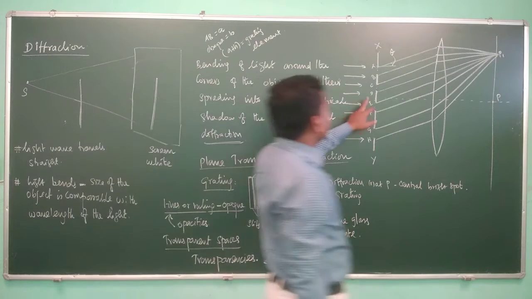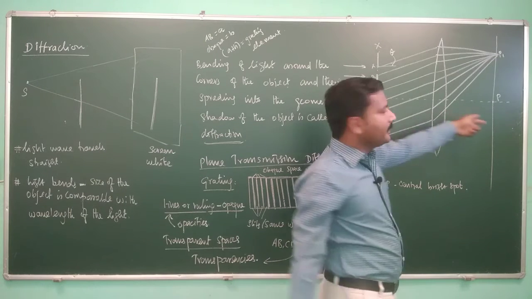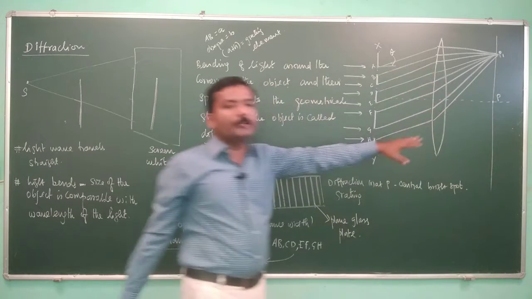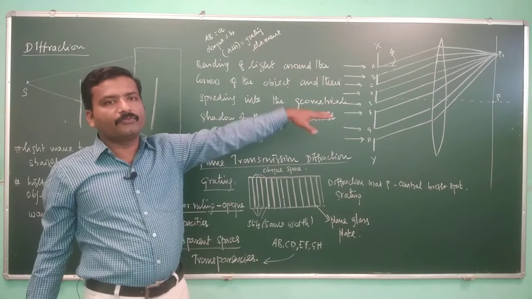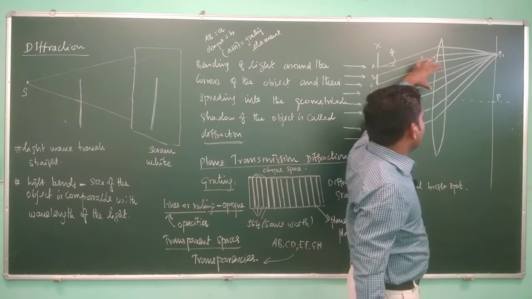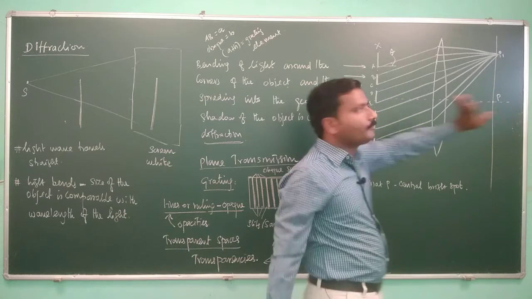Now when the light ray travels in a straight line and is focused at P, all the light rays will be coming in phase. There will be no phase difference when the light rays travel straight and are focused by the lens to the point P. Fine.